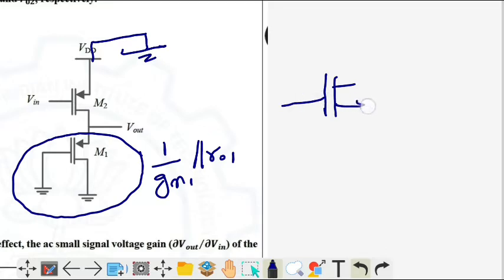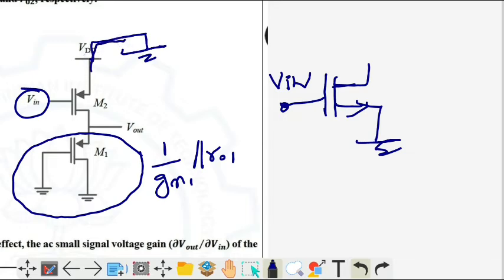So this is the n-type MOSFET, and here we give the input voltage to the gate terminal, and the source terminal is grounded.